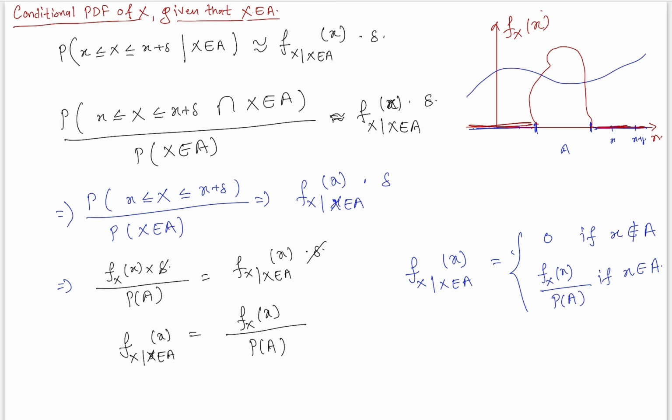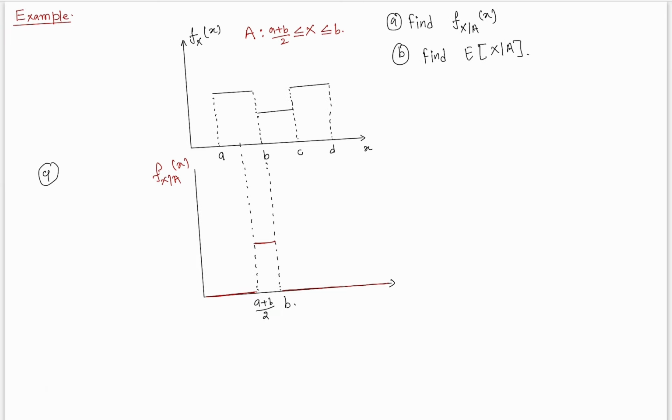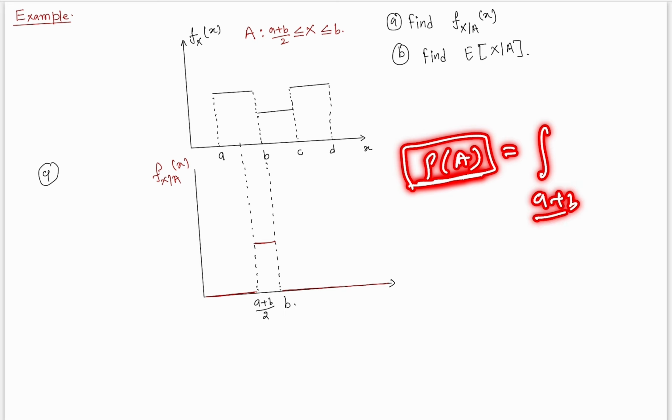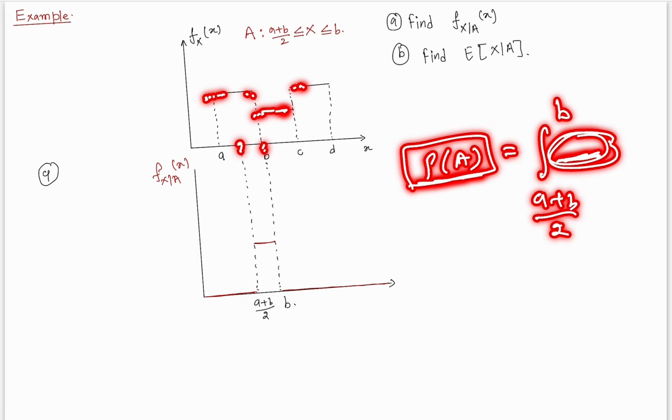Here the conditional probability is scaled by the probability of the conditioning event, but the problem here is that we cannot find the probability of this event A. To find it, we would integrate the PDF from (a plus b) divided by 2 to b, but we do not have the height of the PDF in these piecewise ranges.